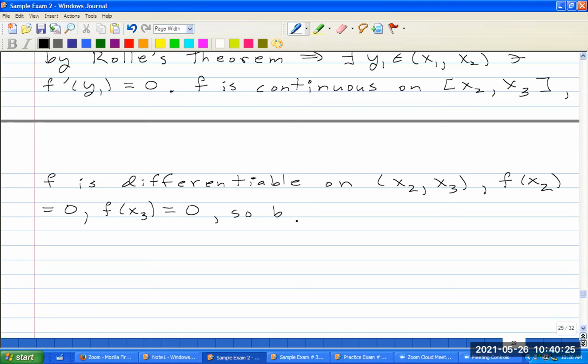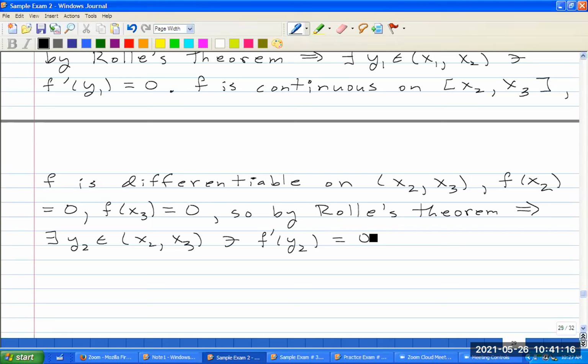So by Rolle's theorem, we have that there exists a y2 in the open interval x2 to x3 such that the derivative at y2 is equal to 0.